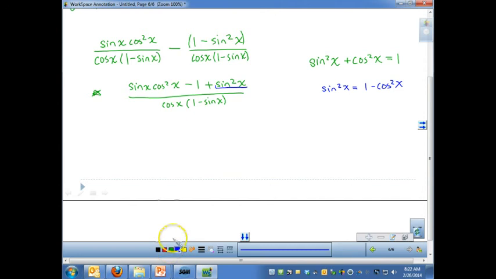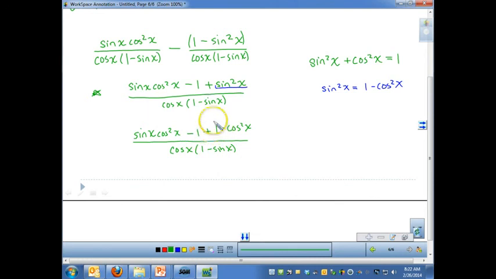So let's see, what would that turn into? I would have the sine of x times the cosine squared of x, still the minus 1, plus 1 minus cosine squared of x, all over cosine of x times 1 minus sine of x.